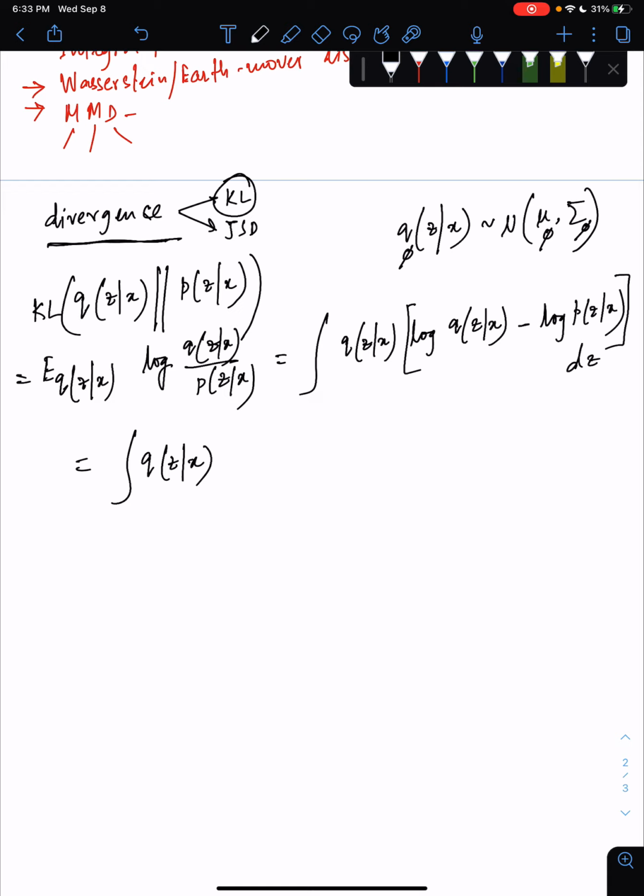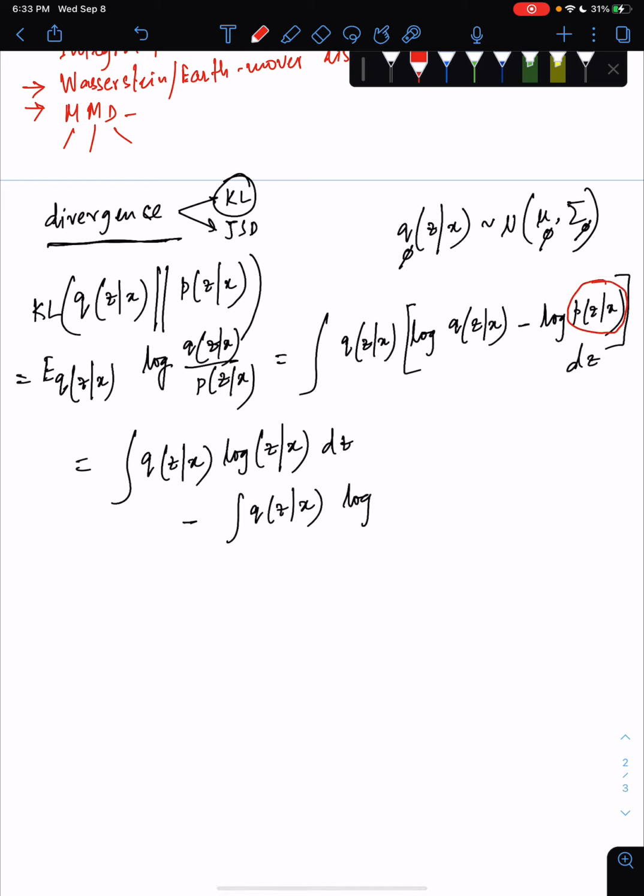If I expand these things, this is the integral of q(z|x) log q(z|x) dz minus another integral of q(z|x) log p(z|x). We can use Bayes rule and flip things, p(z|x) becoming p(x|z) p(z) over p(x). What is this?